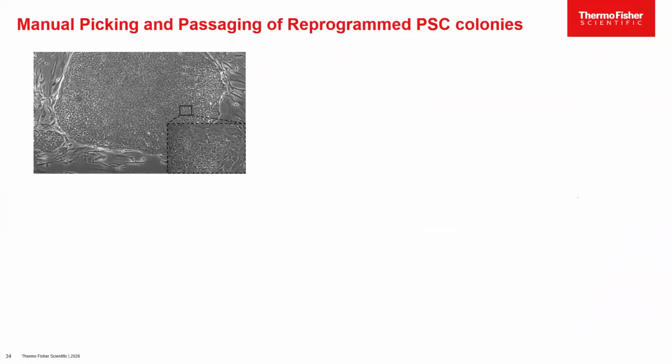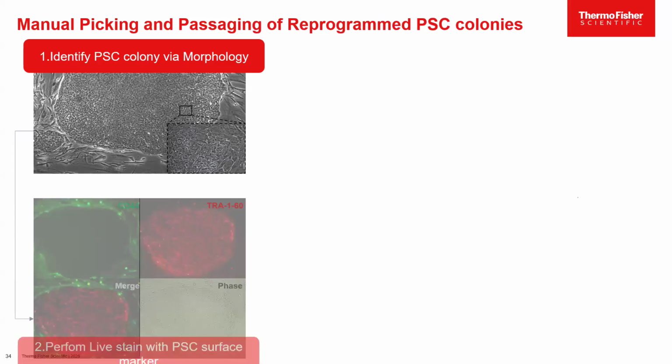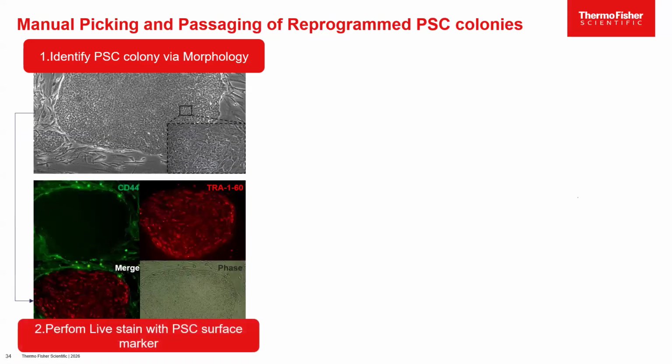So once you identify the colony by morphology, and you say, hey, this looks like a good clone or good colony that I need to pick and propagate so I can move these pluripotent stem cells and start to culture them in the subsequent passage, right? The second thing that I would recommend doing, although not everybody does this, is to use tools in order to identify or label your pluripotent stem cell population compared to your surrounding cells. There are live stains that you can use with cell surface markers that are specific to pluripotent stem cells.